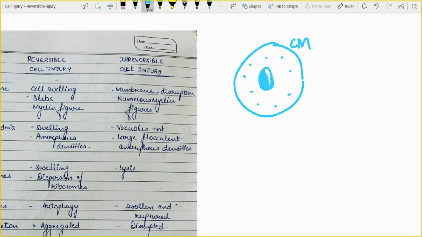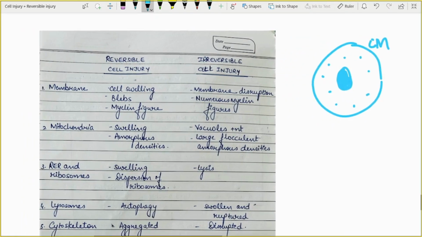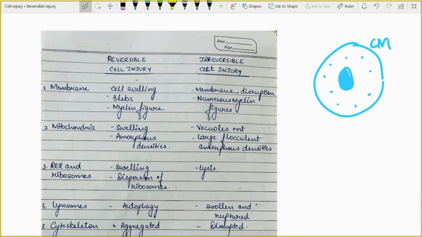And what will happen? The cell injury will cause an impact on these three things. So here also we will move forward step by step. In cell membrane, there will occur cell swelling, bleb formation, and myelin figure formation in reversible cell injury. And what will happen in irreversible cell injury?